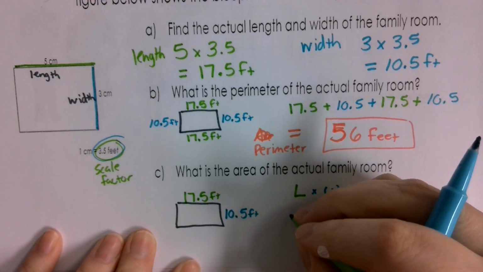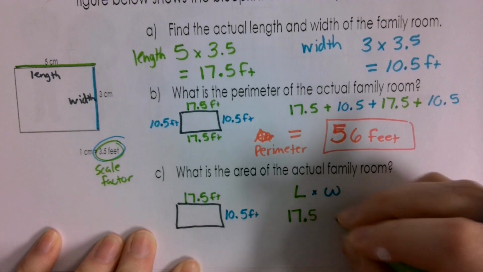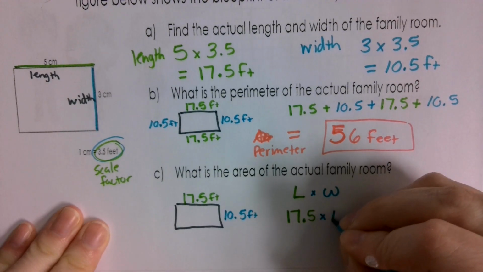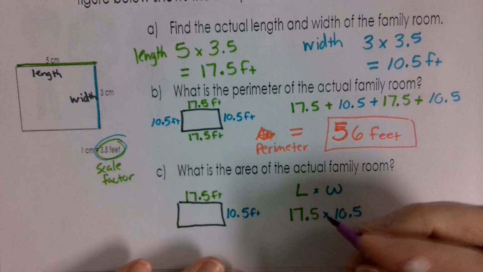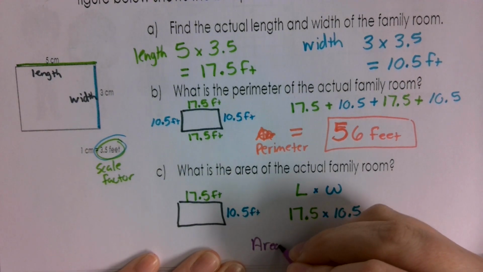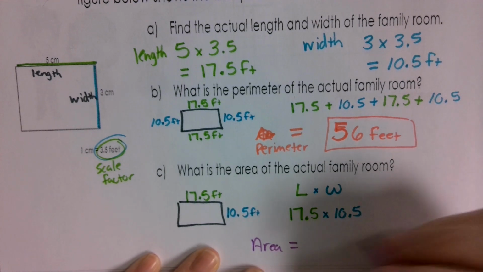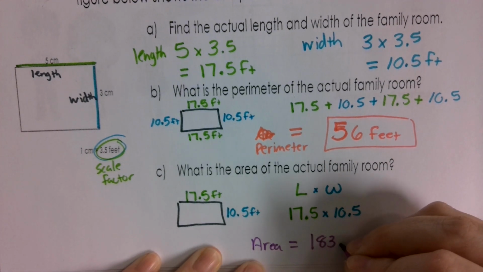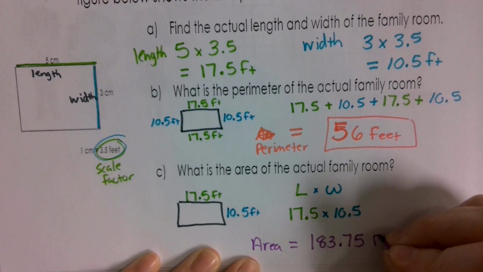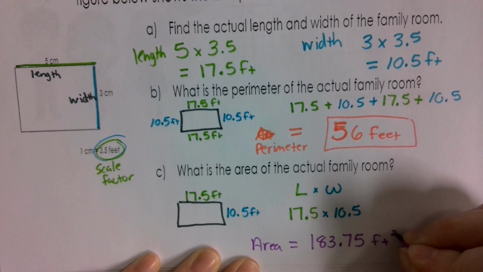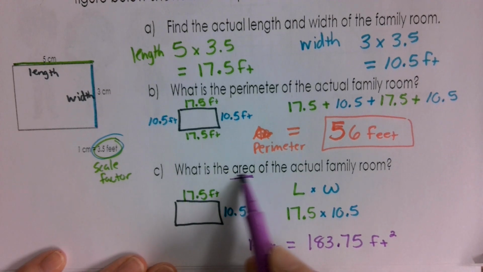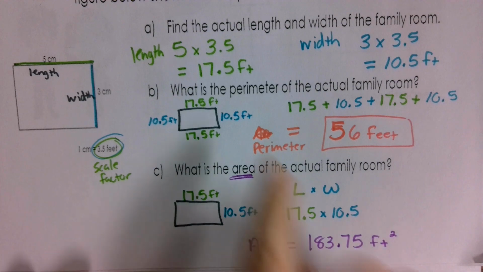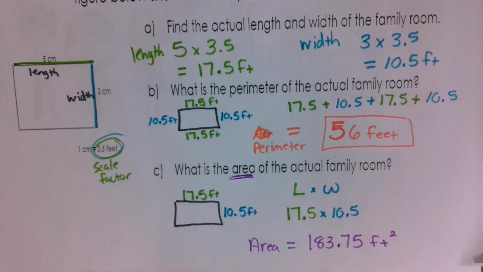So we're taking 17.5 and multiplying it by 10.5, and that's going to give us our area. What is the area? Good, 183.75, and this is feet squared. Area is always squared. So you're just multiplying those measurements for area. You're adding the measurements for perimeter. Okay?